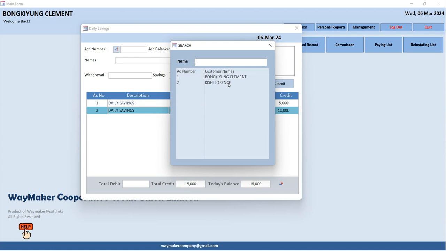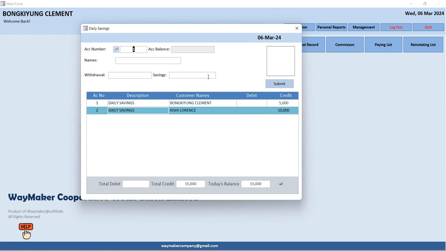So the criteria searches the initials of the name, irrespective of whether it is the first name, last name, or middle name. For instance, if we type ON, you see we have Bankyong because ON is in Bankyong, and double click to pick the name and enter.